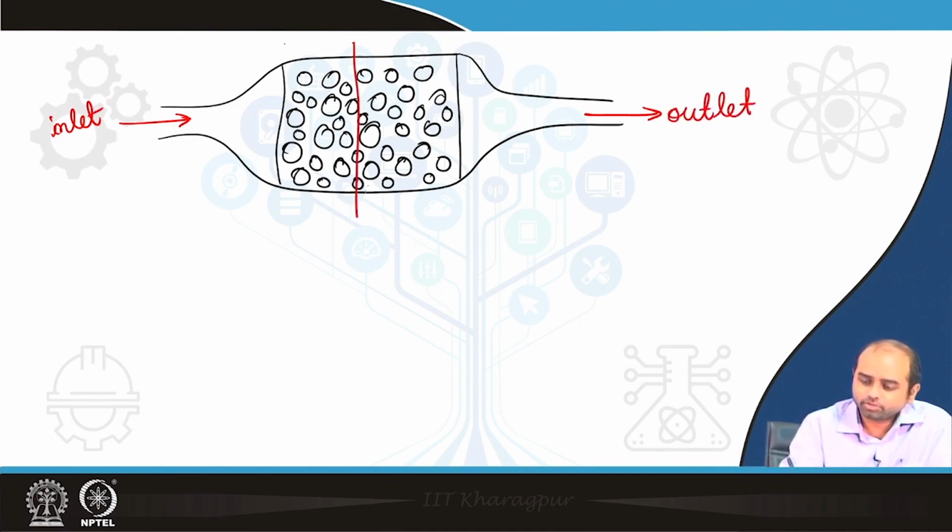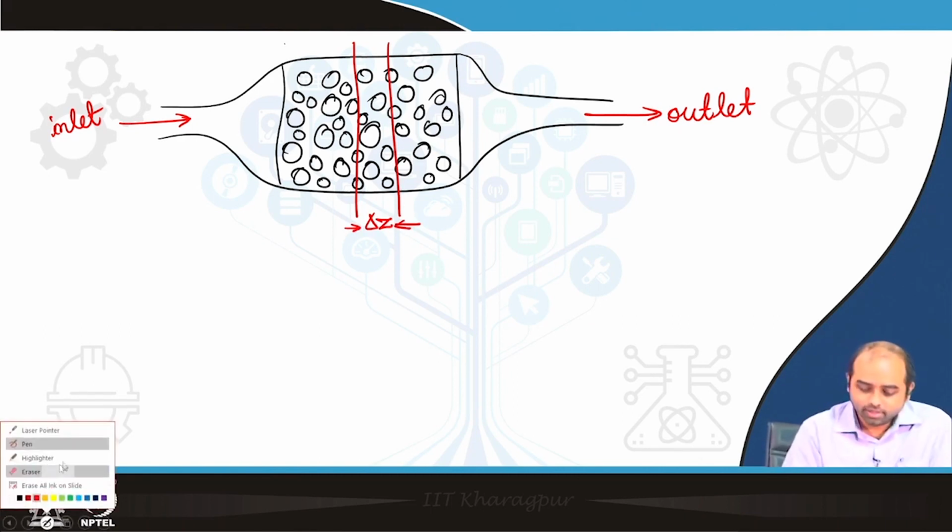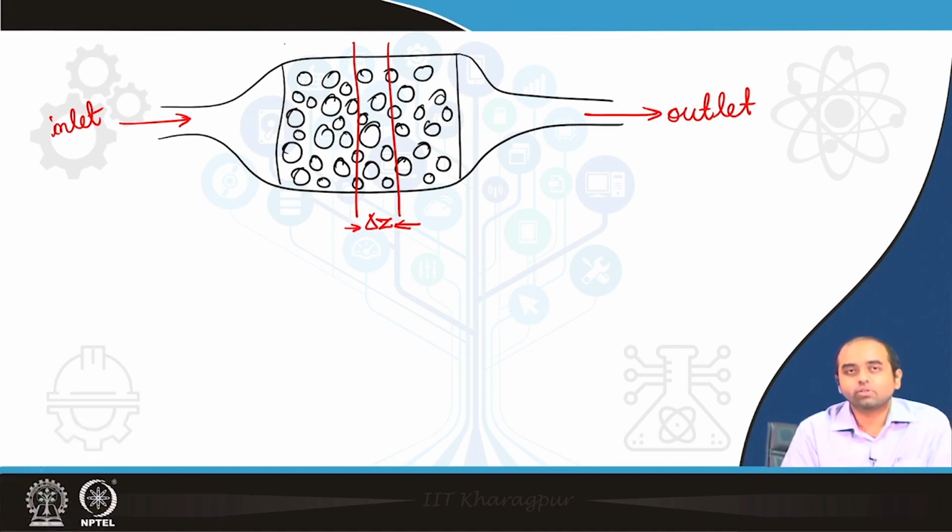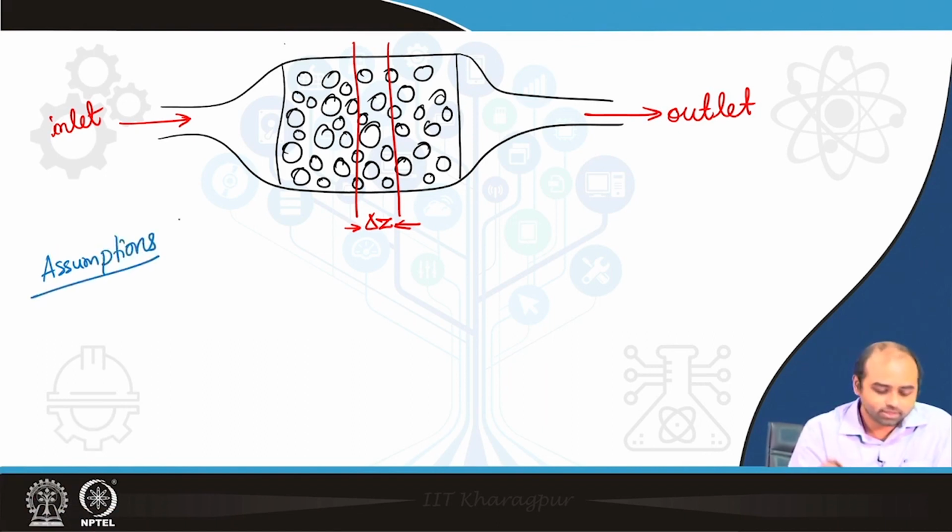Let us assume a small cross section of delta z, but as we always say, before writing out the model equations, it is absolutely important to write down the assumptions. So, what are the assumptions that we are going to consider in this model first? Let us say steady state operation to simplify our lives, right.